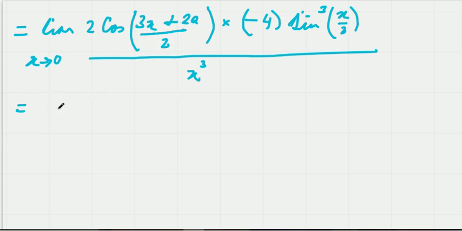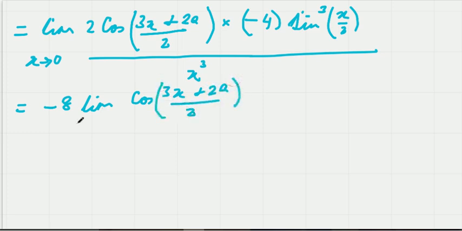I will separate these two terms. This 2 into minus 4 becomes minus 8.